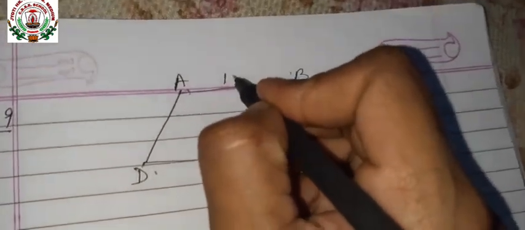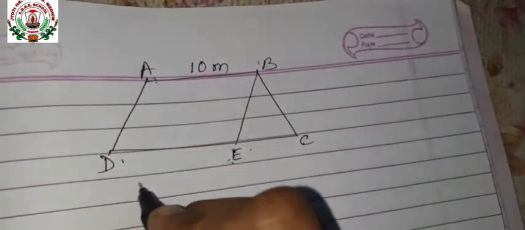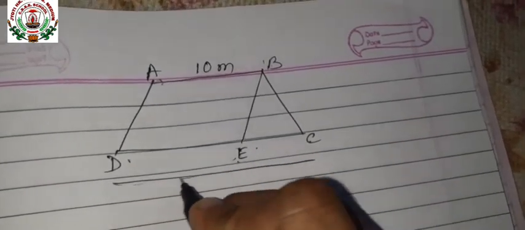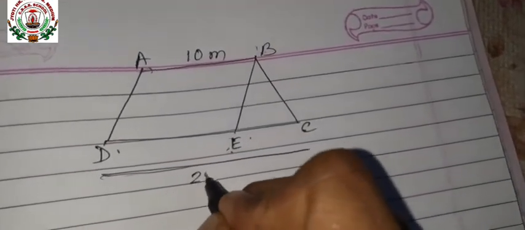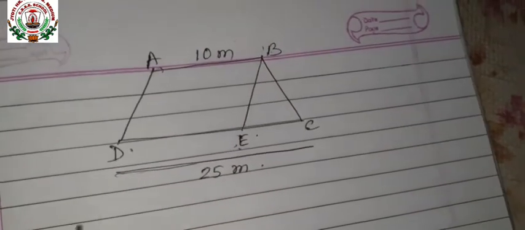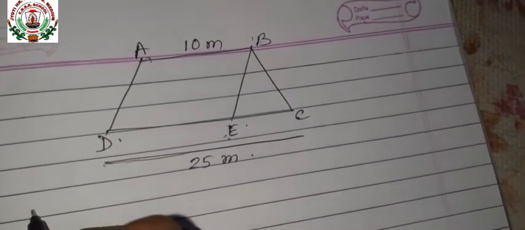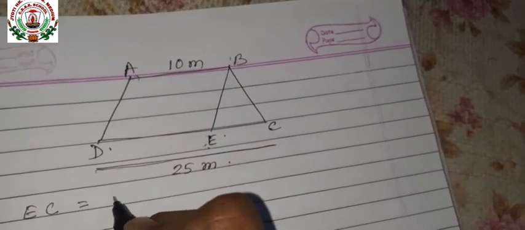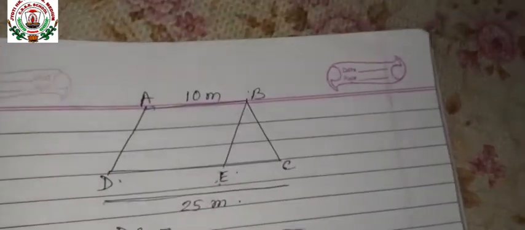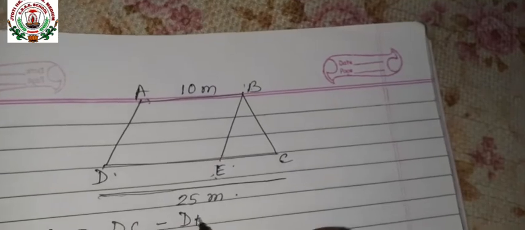So in this parallelogram, parallel sides are having 10 meter and this whole distance DE is 25 meter. So now EC will be how much? EC will be equals to DC minus DE.